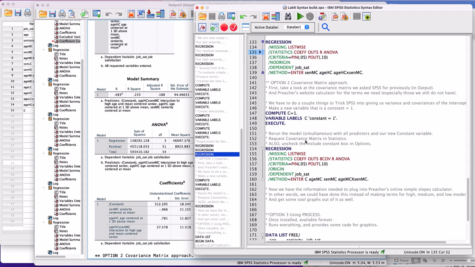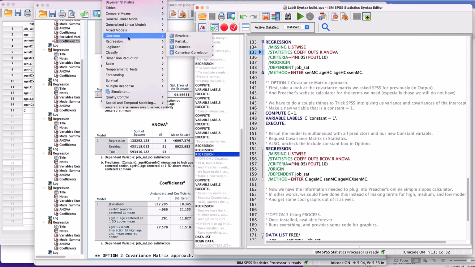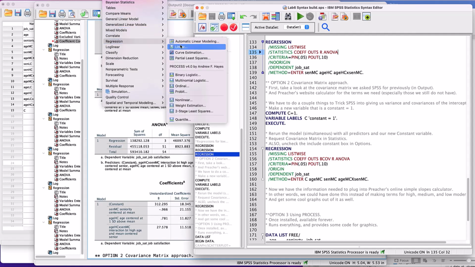I'm going to request the covariance matrix again, but I'm also going to go into options and uncheck the box that says include constant box. I'll show you what that looks like. So we're going to analyze regression linear.